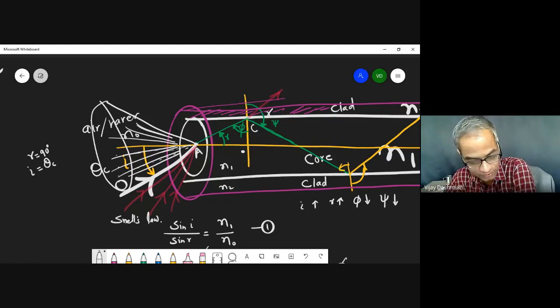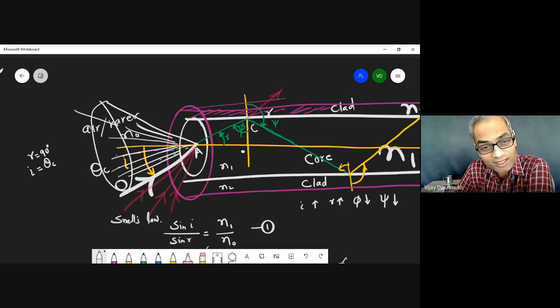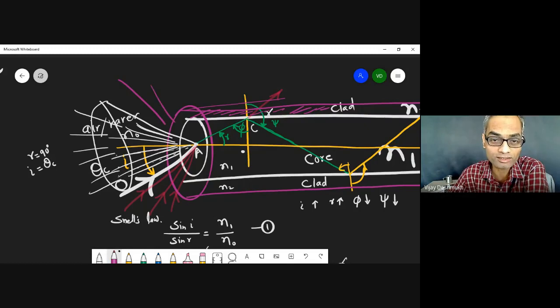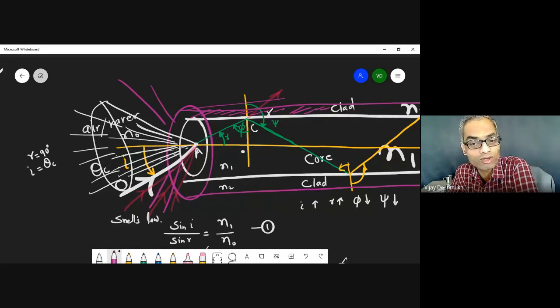Okay, not so good a diagram, but I want you to draw a nice diagram, because you are going to face the exam. So, whatever light is incident inside this cone will pass through the optical fiber. Whatever light is incident outside of this, coming from here, will pass through the clad and get lost.